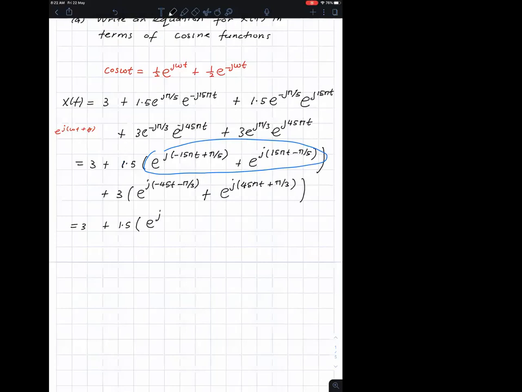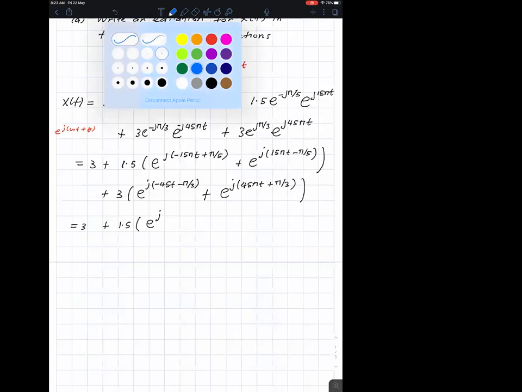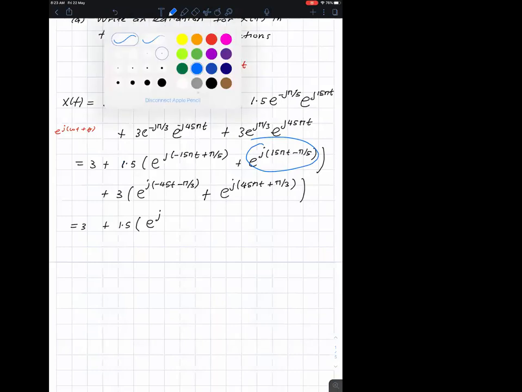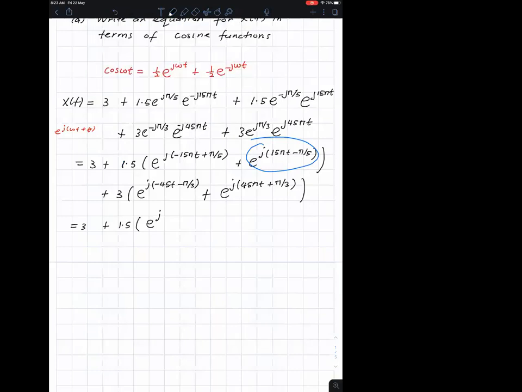I'm going to look at this one first. So that's going to be just e to the j 15 pi t minus pi over 5.